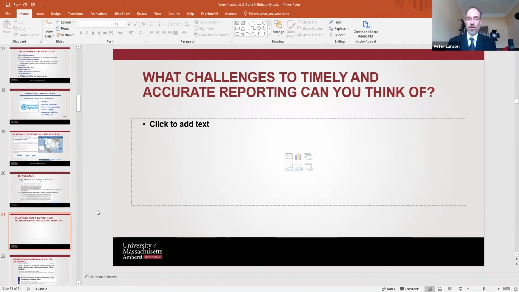The WHO really has no punitive power to sting countries if they don't. So you can imagine countries like North Korea, for example, don't have to report if they don't want to. So what are the advantages to a country to report something? Especially something serious, like deadly or whatever.